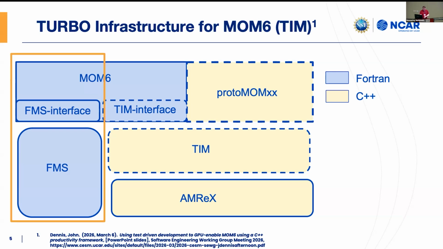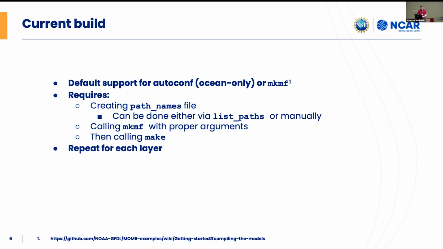Before we start talking about CMake, let's take a look at what we currently have right now on the left. If you look at the MOM6 build instructions, they support two different ways to build their software. One is with autoconf, and that's for the ocean only, so not really useful for us for an integrated build setup.